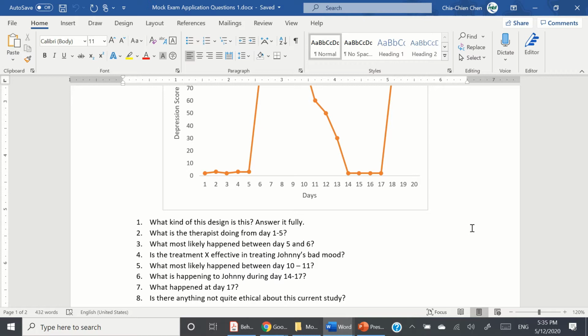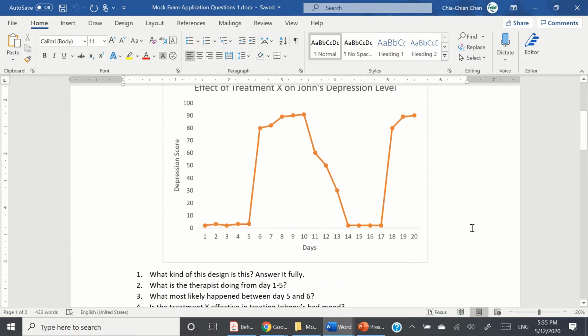Okay. Number three, what most likely happened between day 5 and 6? So now let's take a look at this. At day number 5, you can see that it was a very low score, but something happened between day 5 and day 6, and all of a sudden, Johnny's depression level score is so much better compared to how he was before.